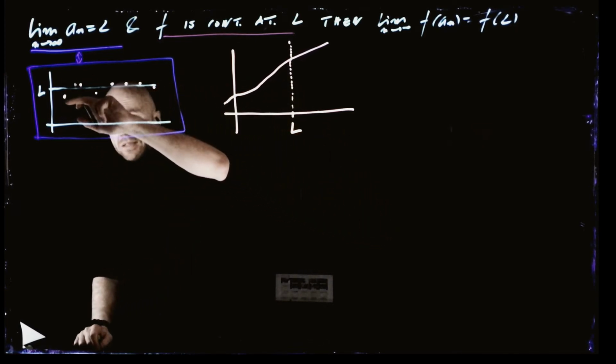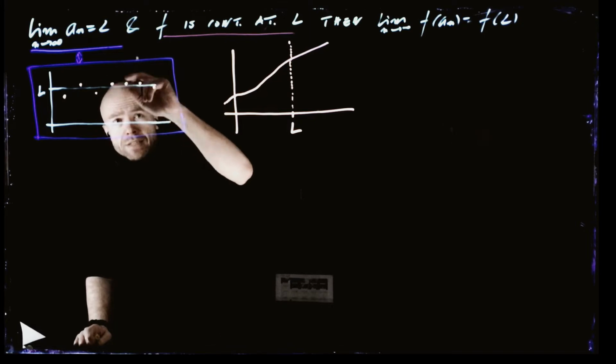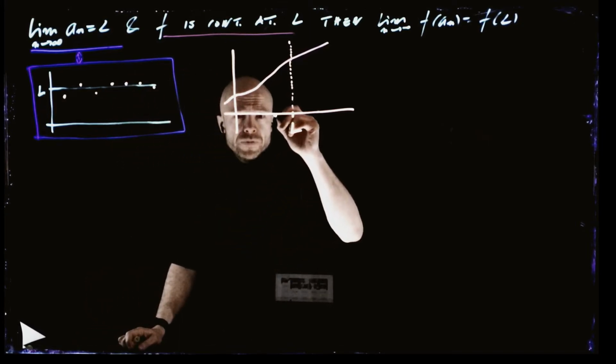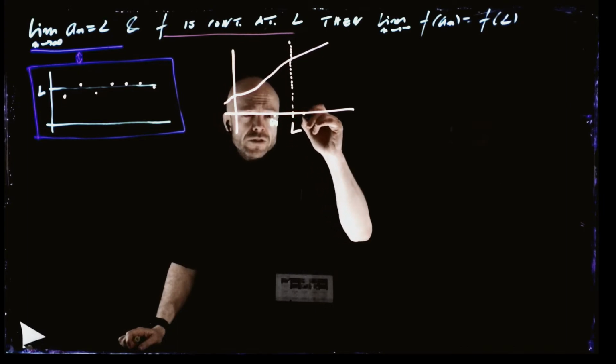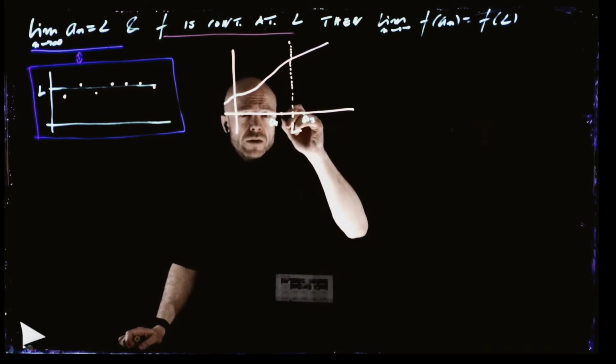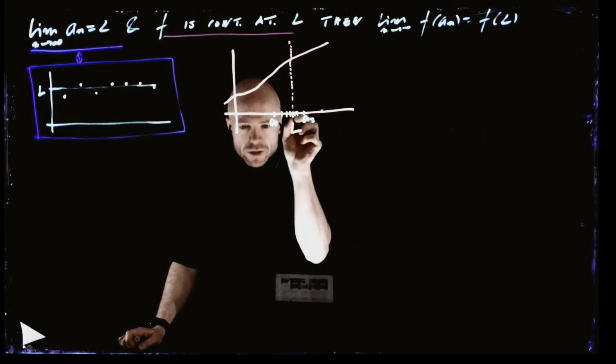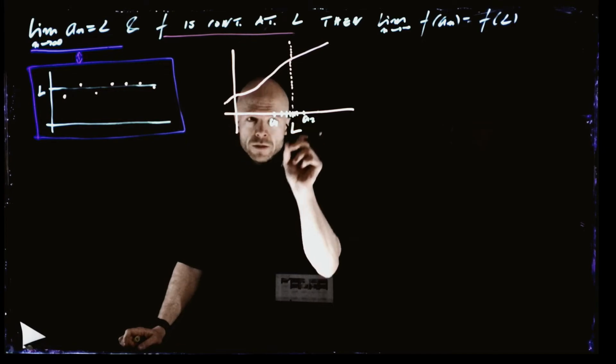Well, as n increases, these get closer and closer to L. That's what this picture shows. So maybe a_1 is here, maybe a_2 is here, but these get closer and closer to limit L, right? So they're getting squeezed more and more around some tiny neighborhood, some tiny interval around L, yeah?